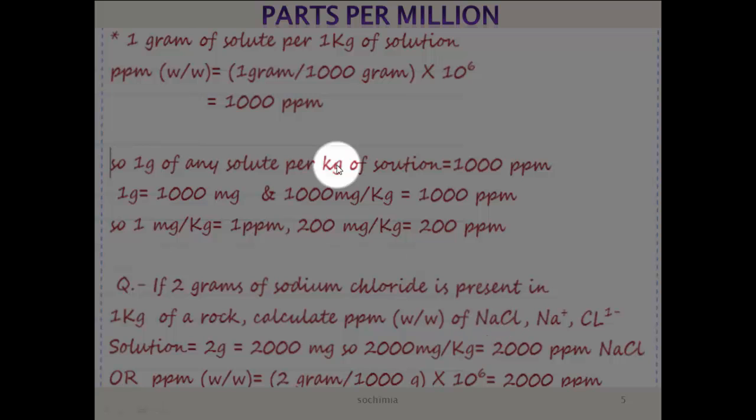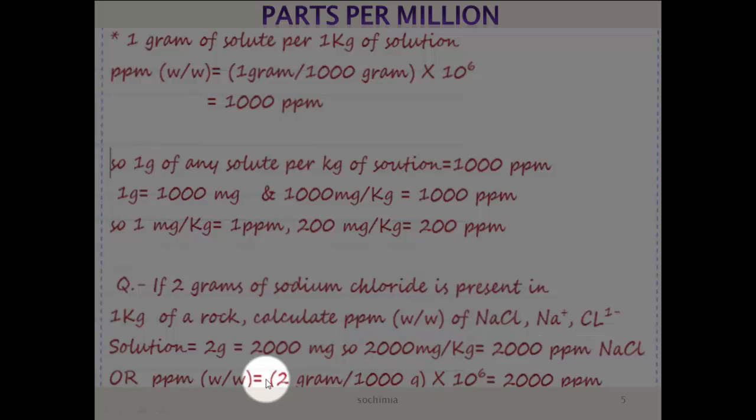The first one is simple, as we have seen here. We have 2 grams as the mass, which is 2000 milligrams. So 2000 milligrams per kilogram equals 2000 ppm. 200 milligrams equals 200 ppm, 2000 milligrams per kilogram equals 2000 ppm.